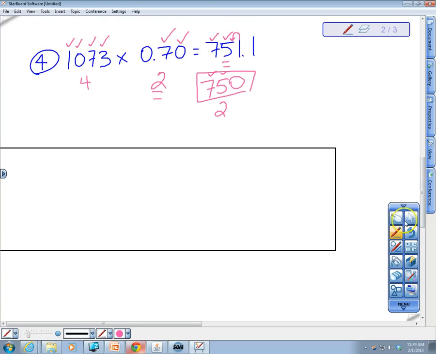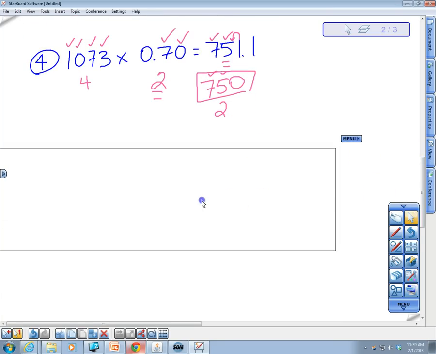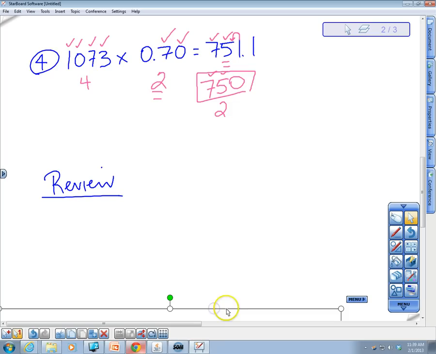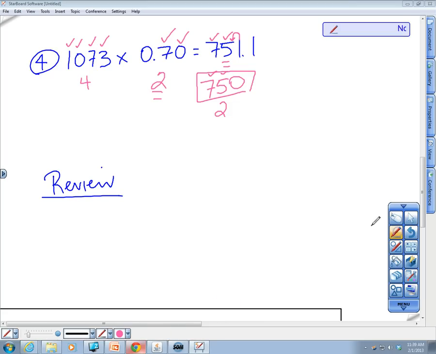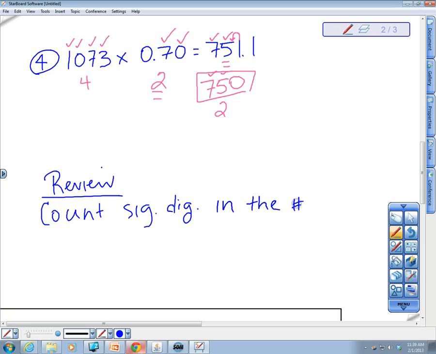Okay, so let's review our rules. Our rules tell us that first we count the sig figs, or the significant digits. You'll see it written either way, sig figs, sig digs, in the numbers in the problem.